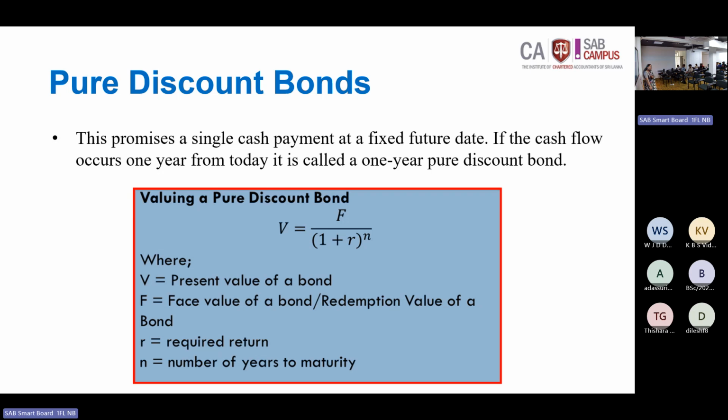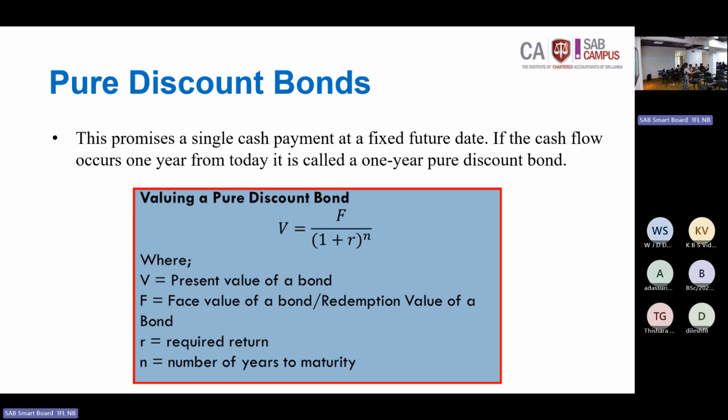Okay. So if it is a pure discount bond, what are the cash flows in line with it? We have 2 cash flows. First one, coupon payment, and the other one, maturity value. Out of these two cash flows, which are relevant for us? What is relevant for the pure discount bond? Exactly. They are not going to have the coupon payments.